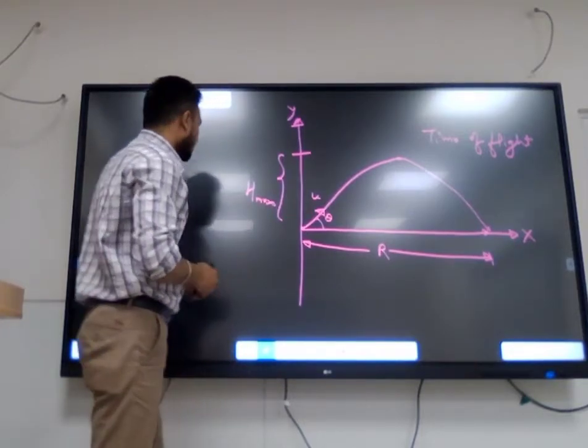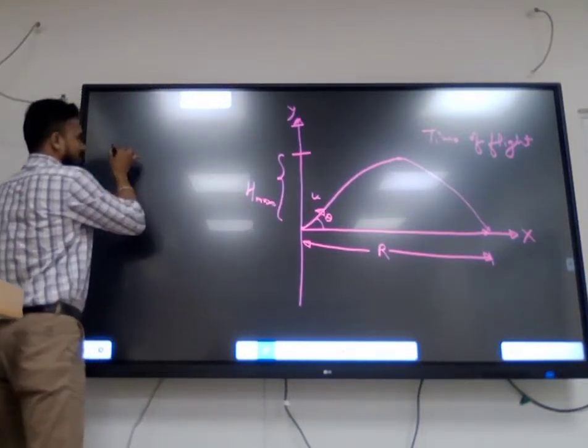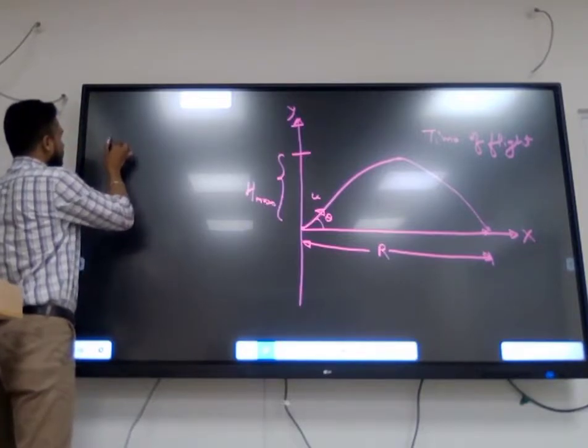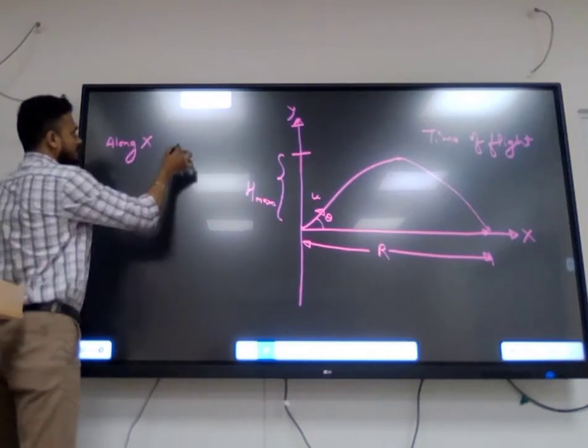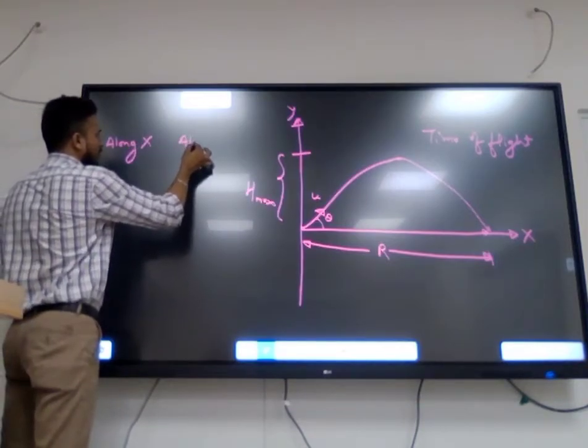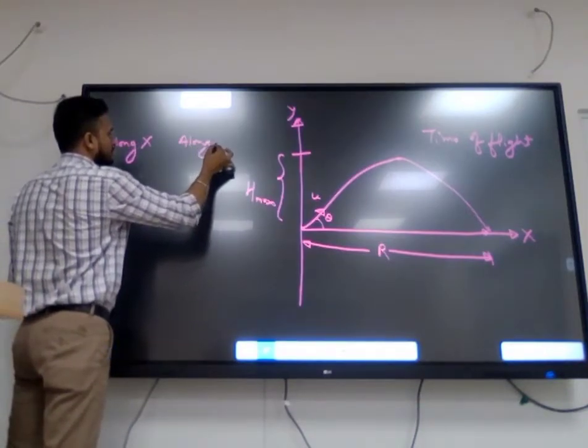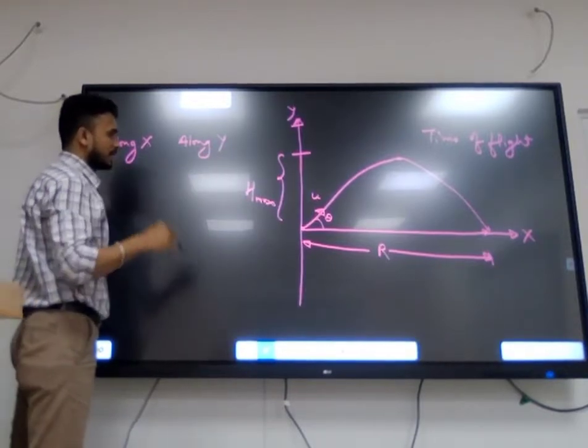Okay. So let's start with the motion along x, and similarly along y. Now what information do we have along y?